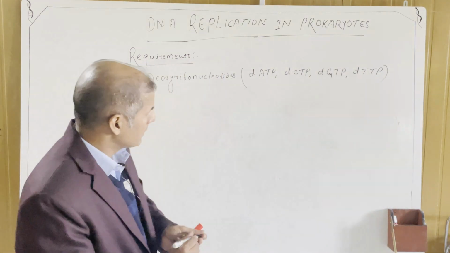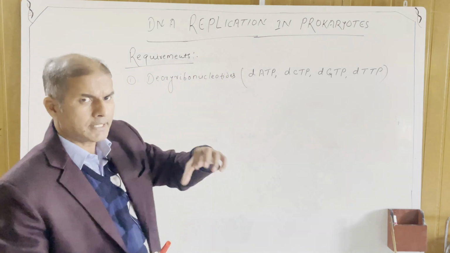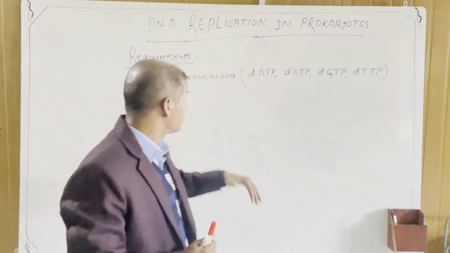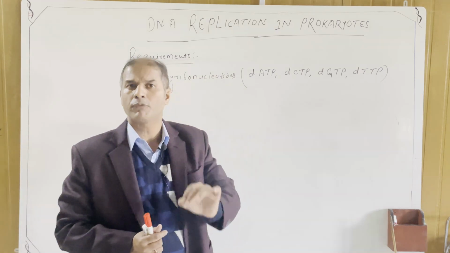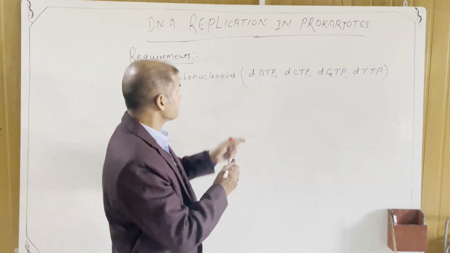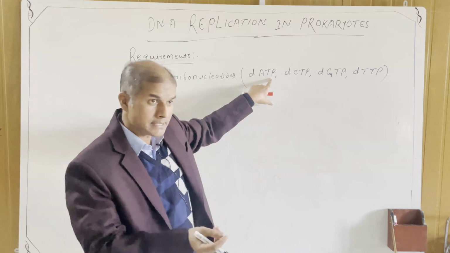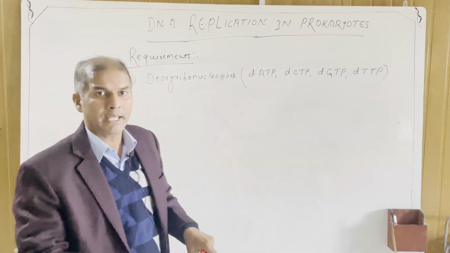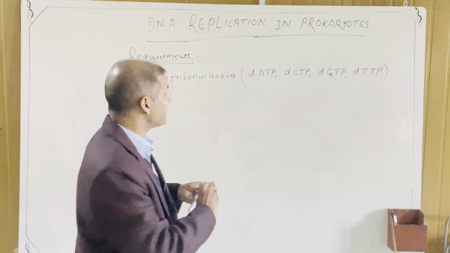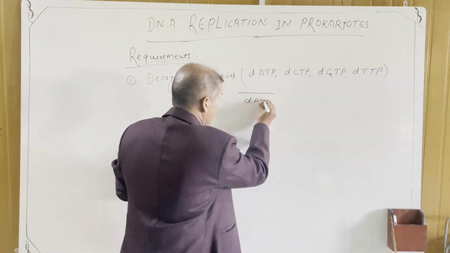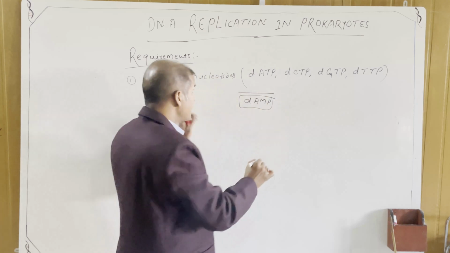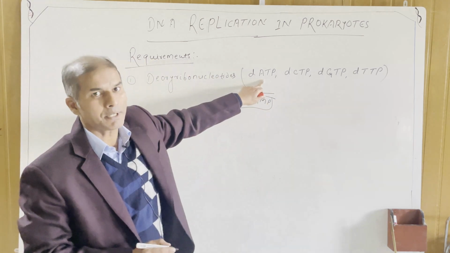We always have to remember one point: inside the structure of DNA, these deoxyribonucleotides are in monophosphate form. That is, dATP is inserted in the structure of DNA in the form of dAMP, but as a requirement it is dATP.